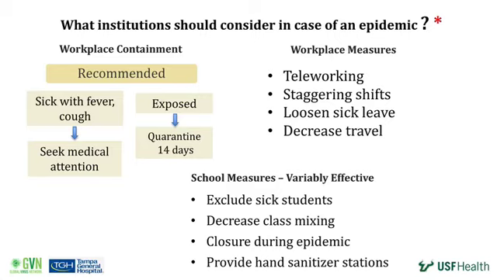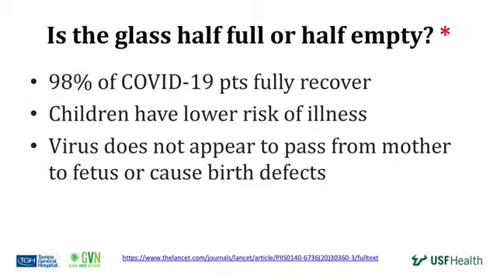I think Hong Kong has implemented a lot of these, staggering shifts, loosening sick leave policy, decreasing travel. And then school measures, which are variably effective, are excluding sick students, decreasing class mixing, closure during an epidemic, and definitely improving hand hygiene and providing hand sanitizer stations.